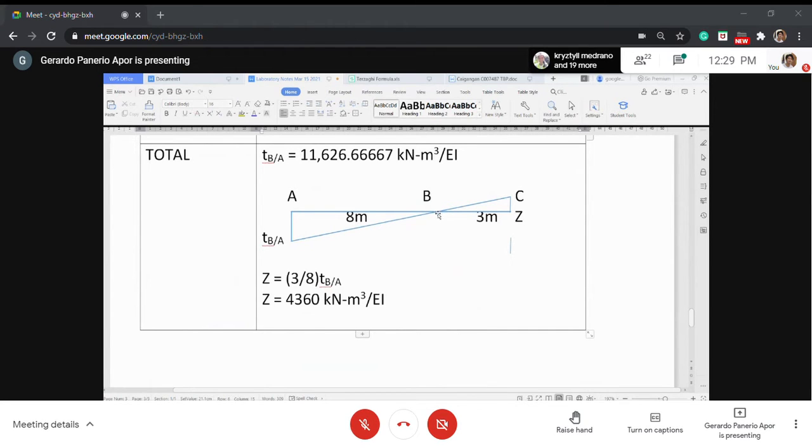Since B to C is 3 meters and A to B is 8 meters, this vertical distance on the right portion, which we call Z, is just 3/8 of TBA. So the result of Z is equal to 4360 kilonewton cubic meter over EI.